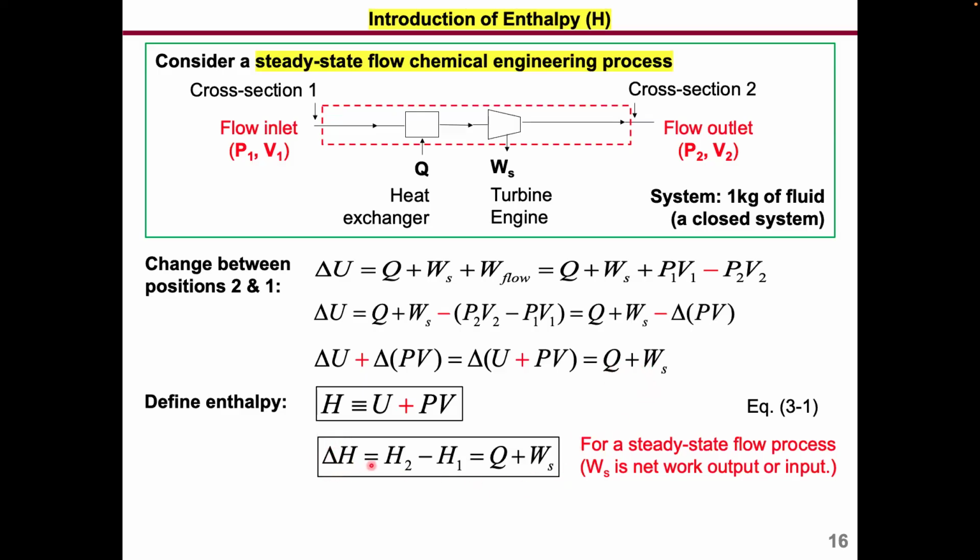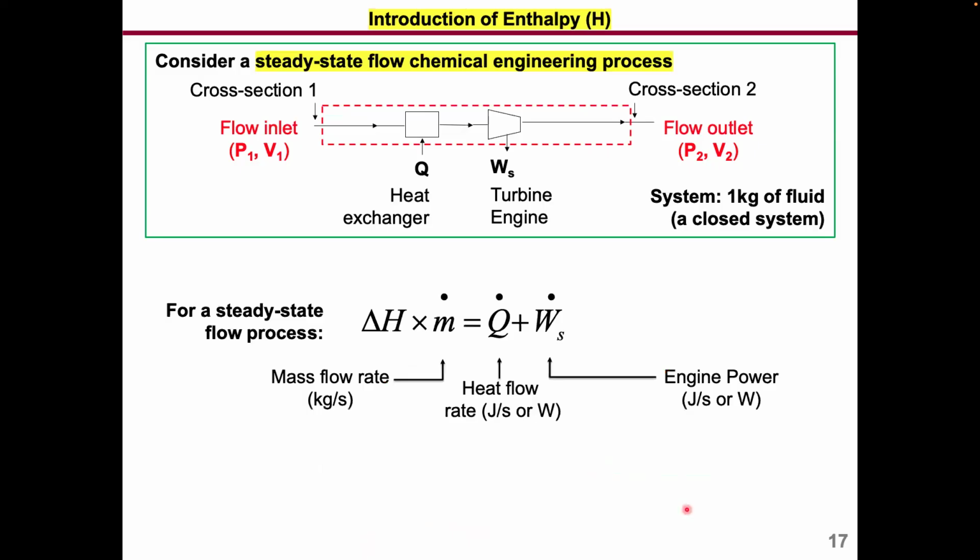Delta H is basically the change in enthalpy, final minus initial: final enthalpy H2 and initial enthalpy H1. So delta H is equal to H2 minus H1, which is equal to Q plus WS, okay? And we will convince you that H, or enthalpy, is also a thermodynamic property or a state function in our next lecture, okay?